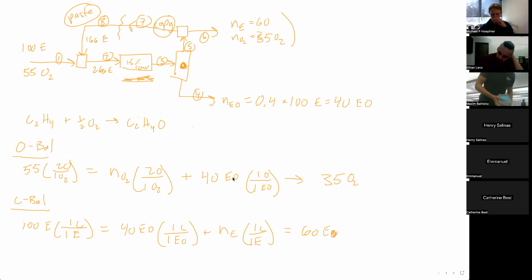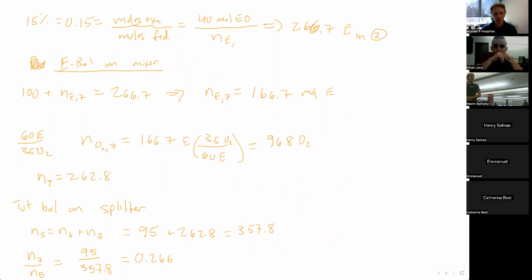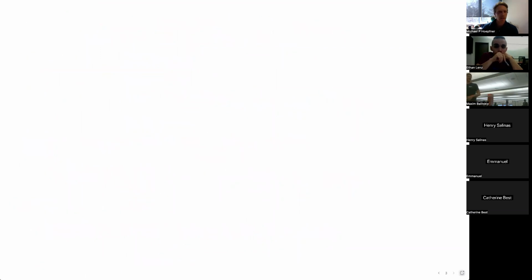Okay, sorry about that. All right, homework 2, number 7. Let's do a fresh board here. We have a reactor separator again. We have 100 moles per second of A coming into the system.